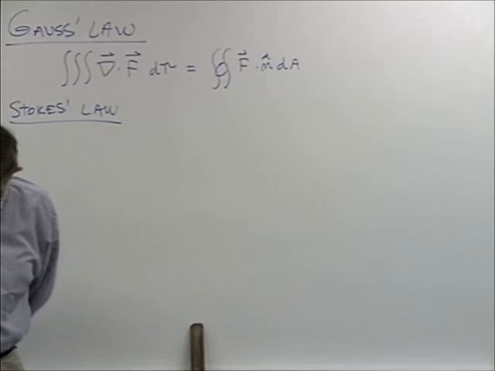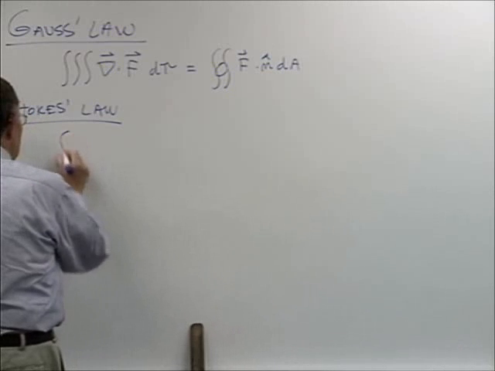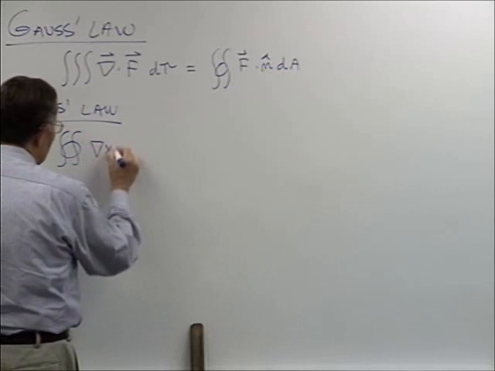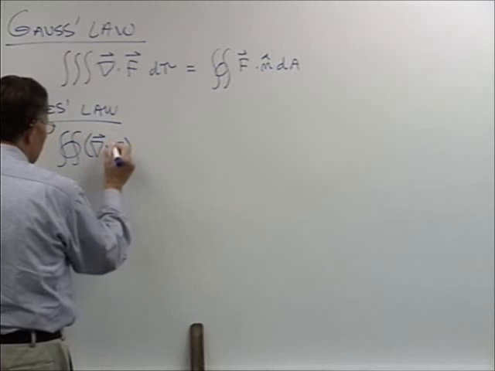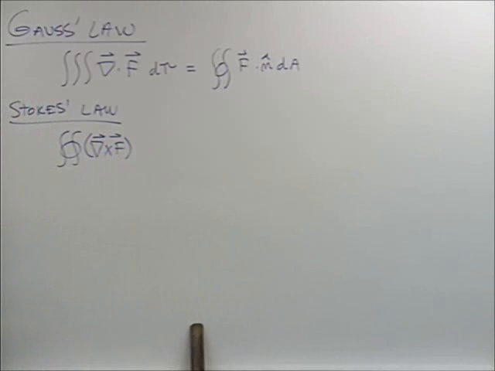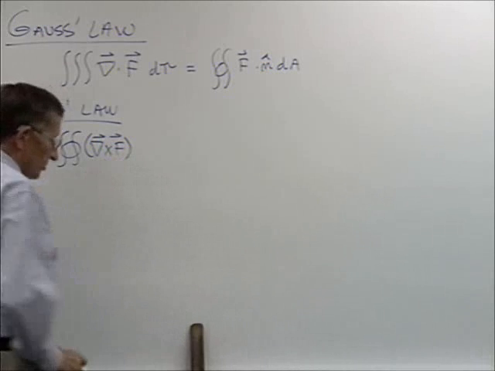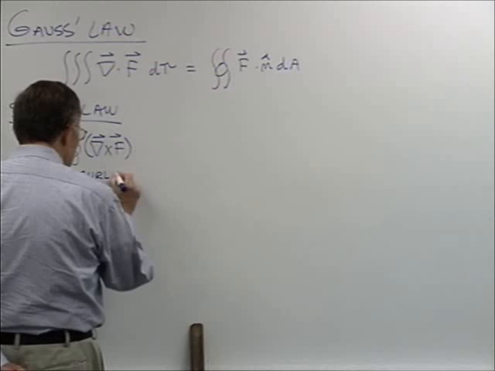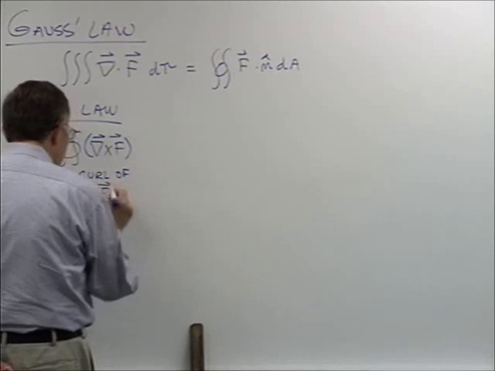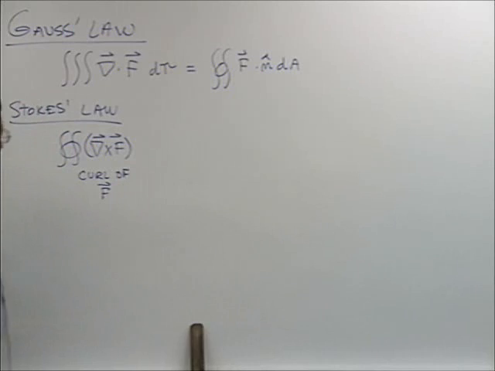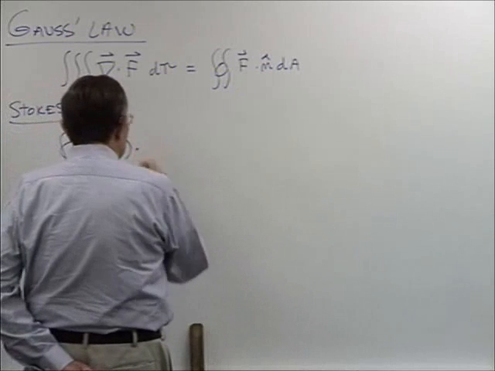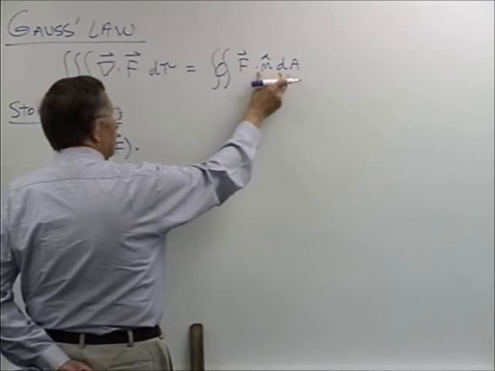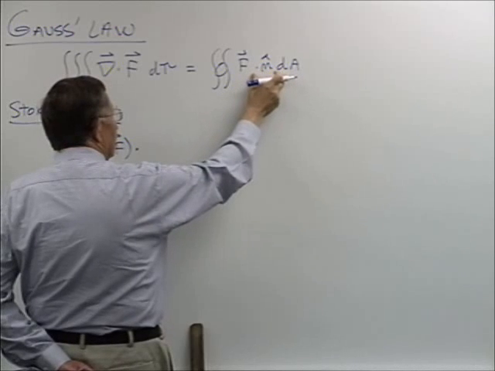Okay, Stokes' law also involves a del operator, and if you do over a surface an operation we call the curl, which I'll talk about in terms of physical significance, if we do del cross f, which is called the curl of f, where f is a vector. I'm going to do it really similar to the area side in Gauss's law.